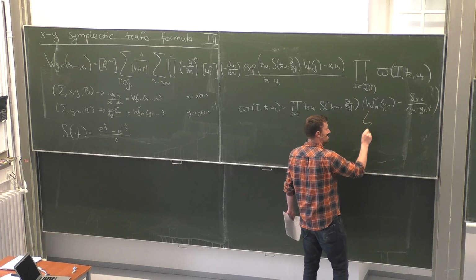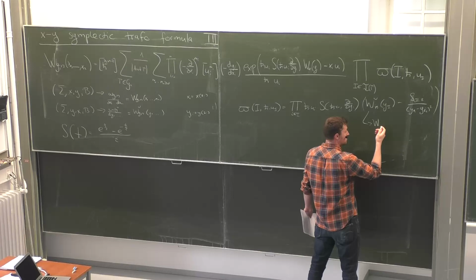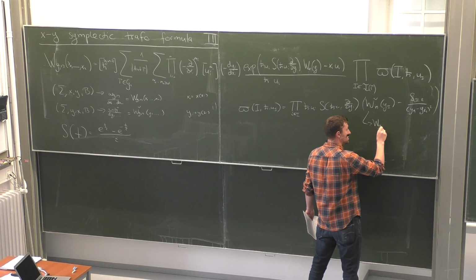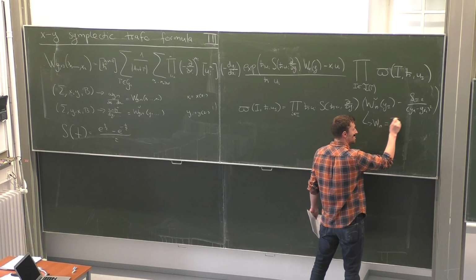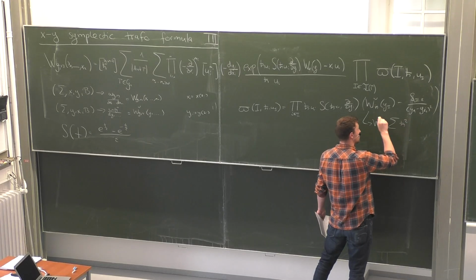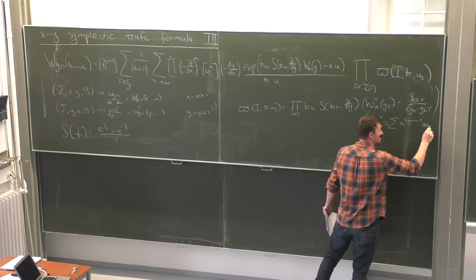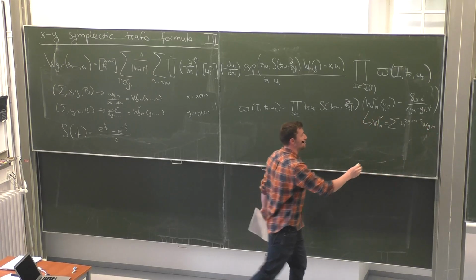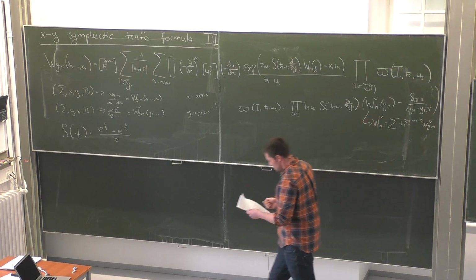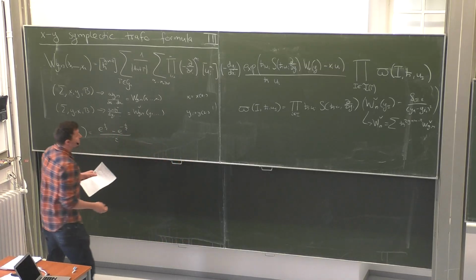And these were generating all the series, the formal series in h bar, of W check_{2g+n-2,n}. Okay, good.